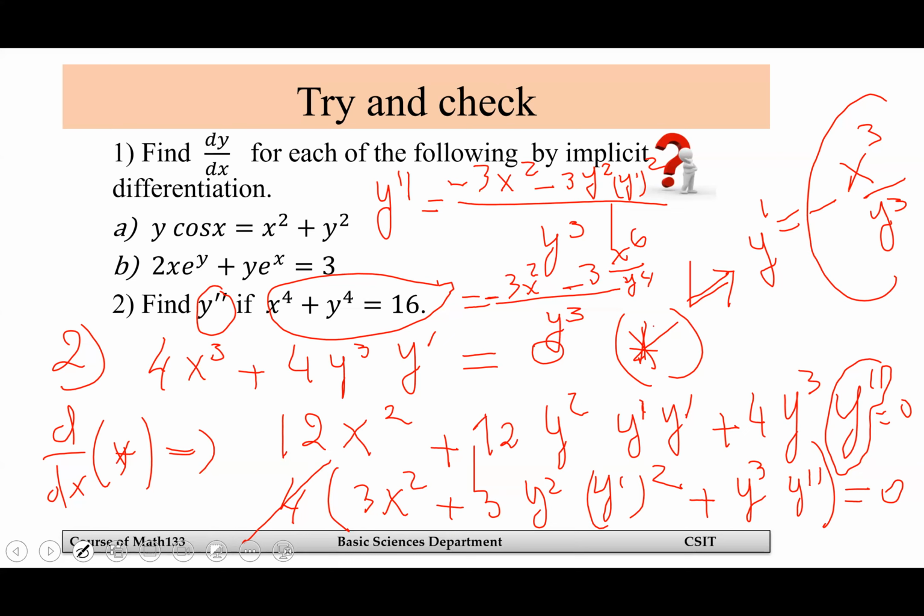Okay, so in the end, I will get something like that.